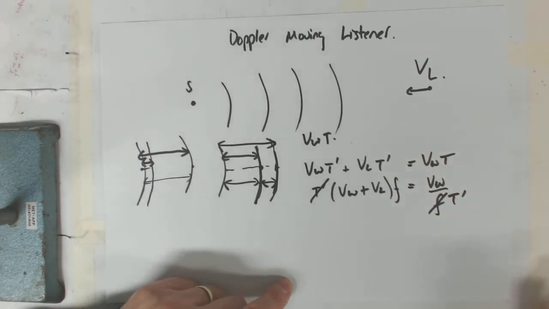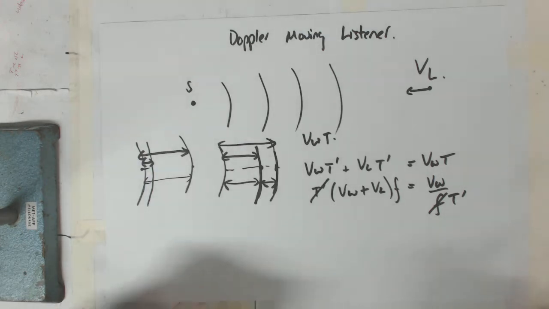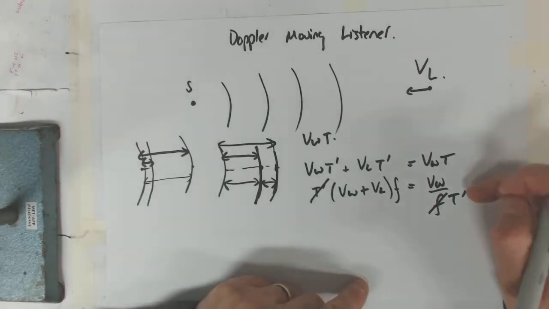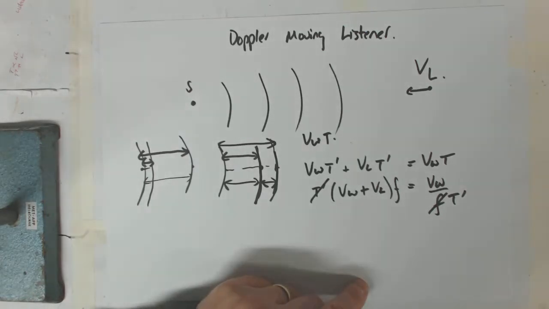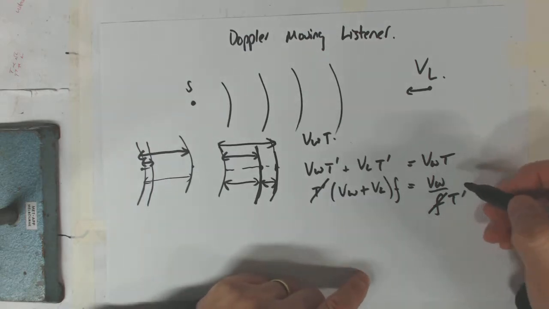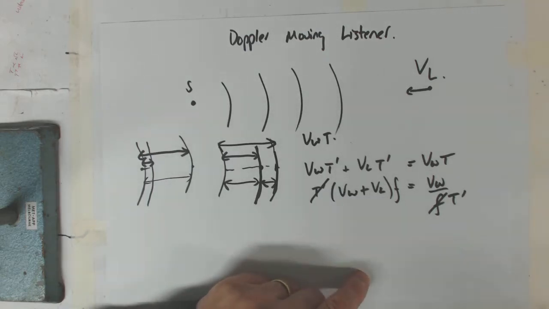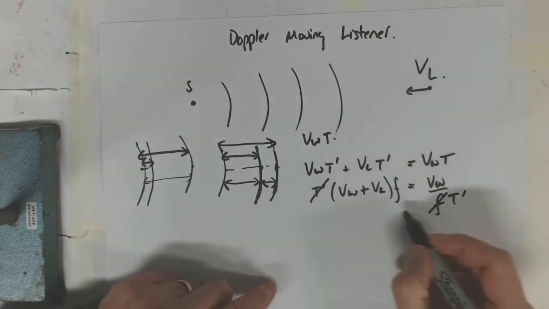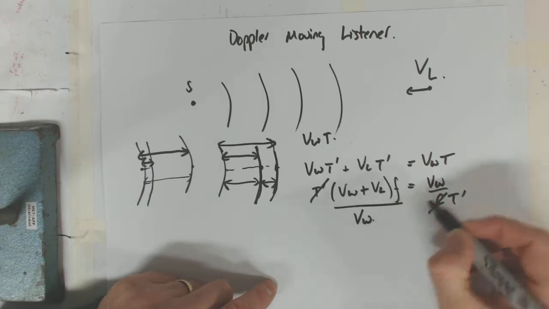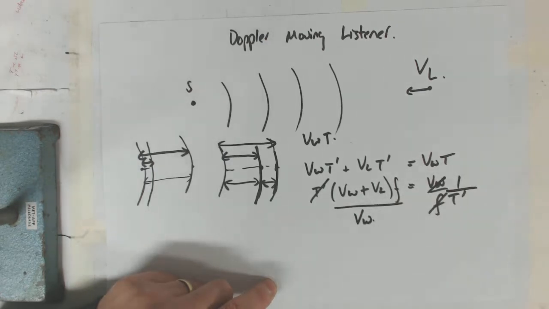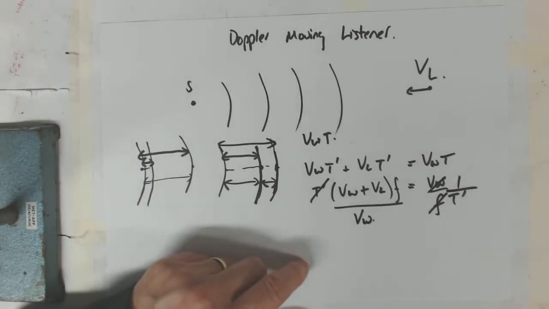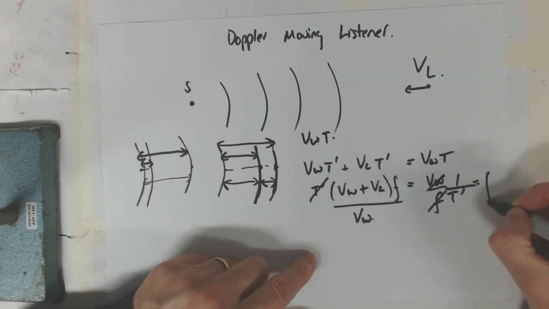Now let's just have a little think here. VW, we're nearly there. Let's just bring the VW down here, and we've got 1 over T dash, right? Now 1 over T dash is equal to F dash.